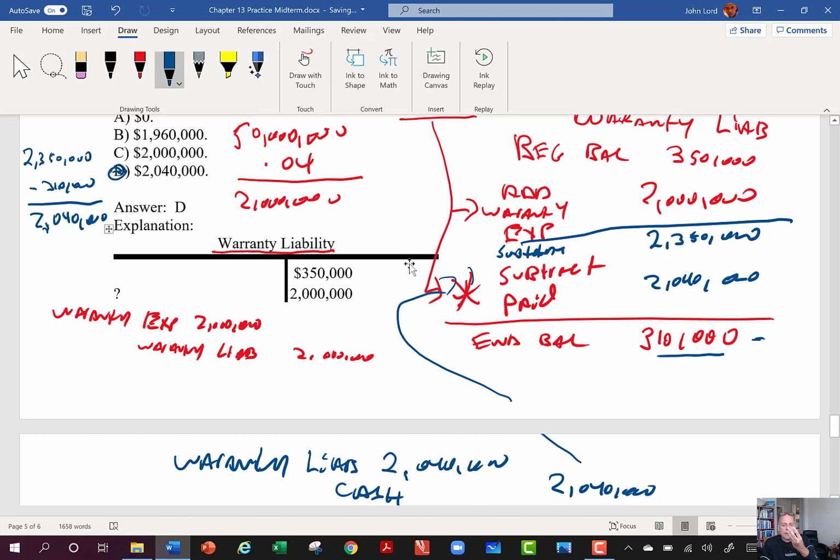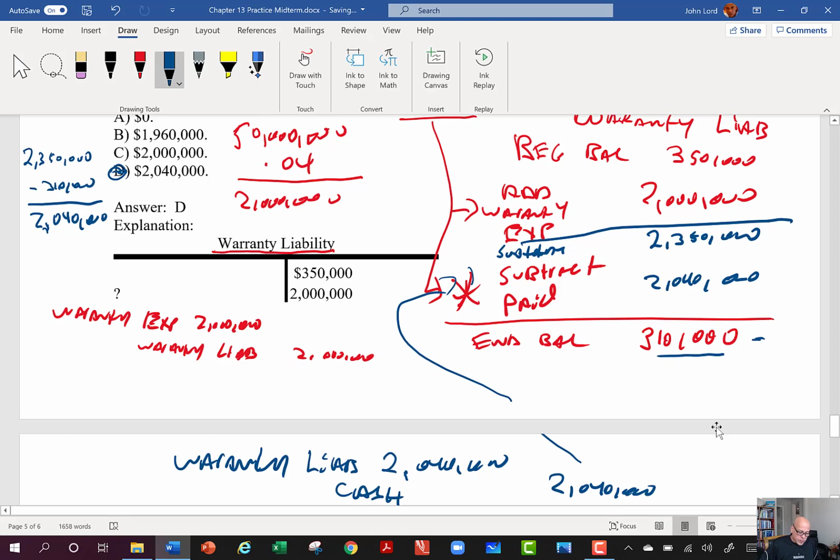It's just that the debit and credit directions are the same. The allowance is a contra asset, whereas this is shown as a liability. But the logic is very, very similar.